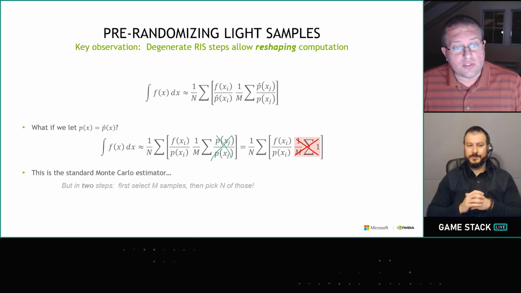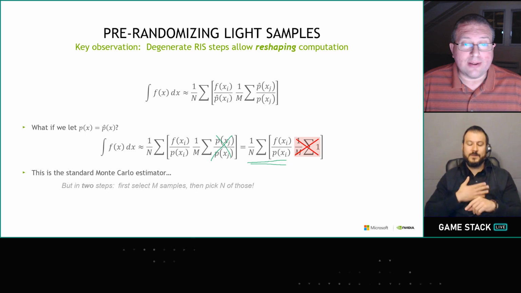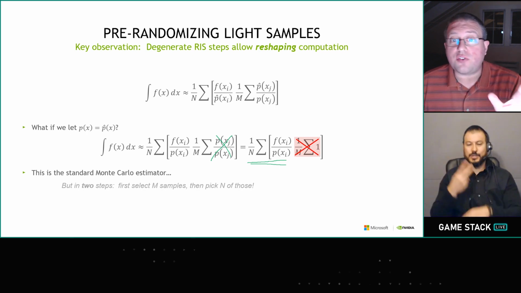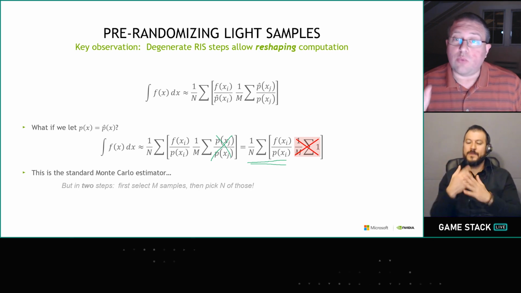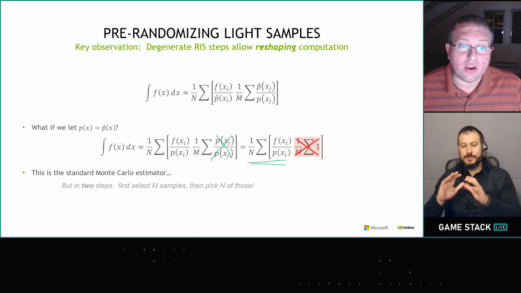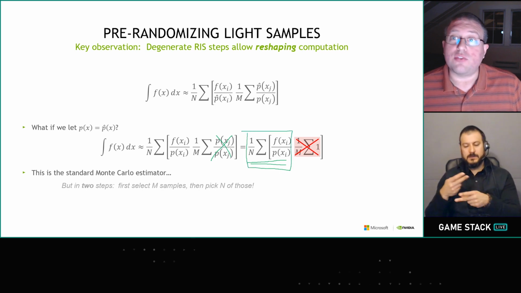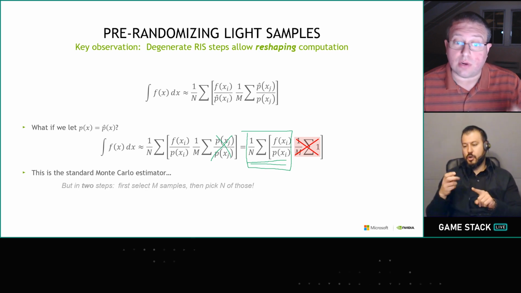What this turns into is the standard Monte Carlo estimator, but we've computed it in 2 steps. First we pick m samples from the whole universe of all of our lights, and then we pick n samples from that smaller subset. Even though it turns into a standard Monte Carlo estimate, we do it in 2 steps, and that's really key, because these 2 steps can run in 2 separate kernels at 2 different frequencies.